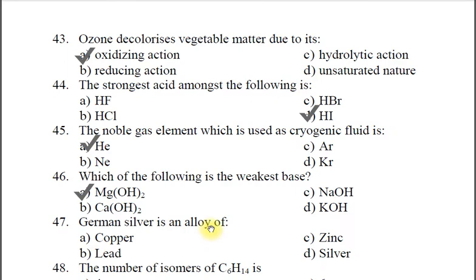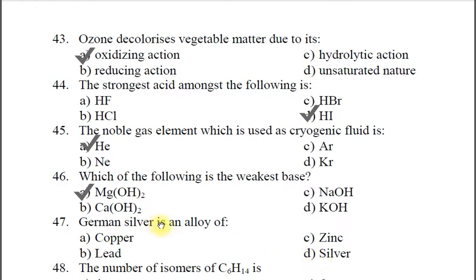Before I tell you the answer, I must tell you that German silver is an alloy, and this alloy contains copper. It also contains zinc. It contains lead, and sometimes it also contains nickel, but it does not contain silver. Although silver is in its name, it does not contain silver.